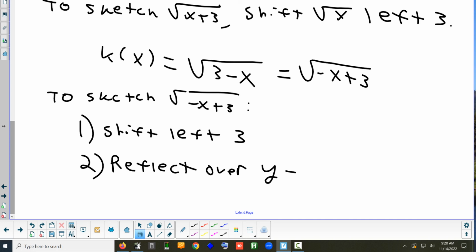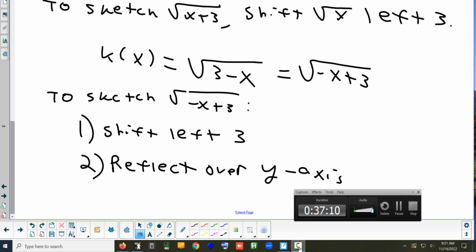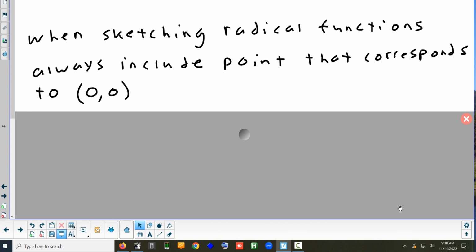Okay, so we talked about even functions and odd functions. Which type of root was the one that only went in one direction? Even or odd? Yeah? Even. Okay, the odds, those go both directions. I call these two different things. You want to find the point that would have been at the origin.